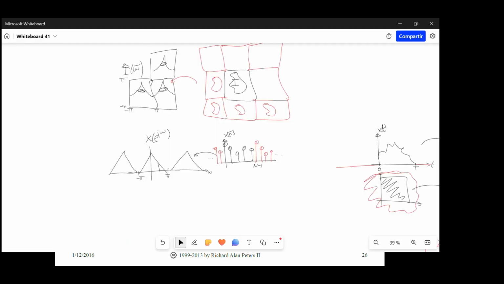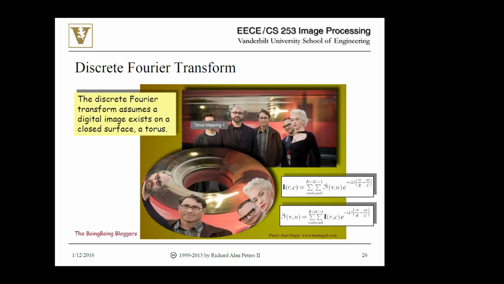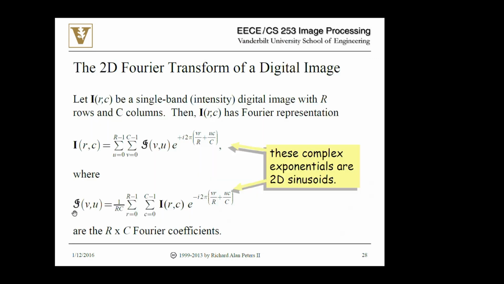It is periodization. So you take an image and you make it periodic. The idea of the torus may be useful for some people, for me it is not so useful. So same concept as the Fourier transform: you take your image, you multiply by your basis.